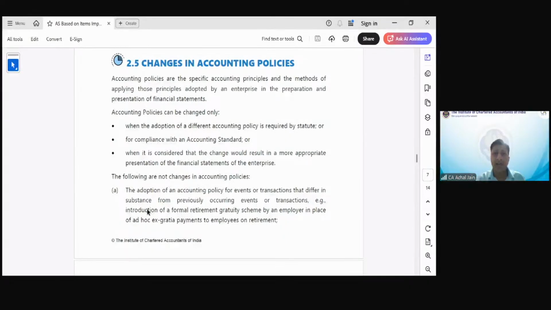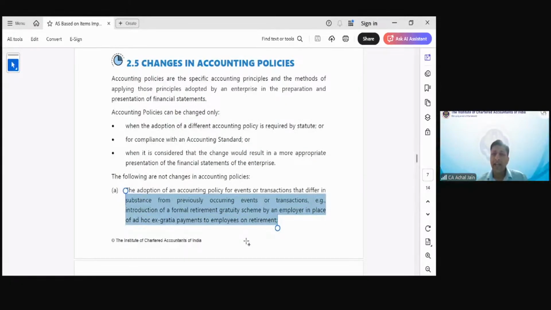Okay, great. So Ishan is clear. Tanisha is also clear. Now, a very small example. Introduction of a formal retirement gratuity scheme by an employer in the current year. So it's a kind of employee benefit which has been introduced in the current year.